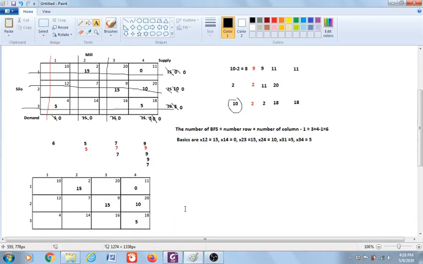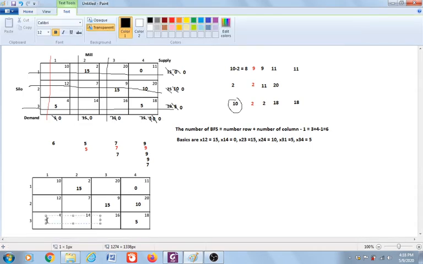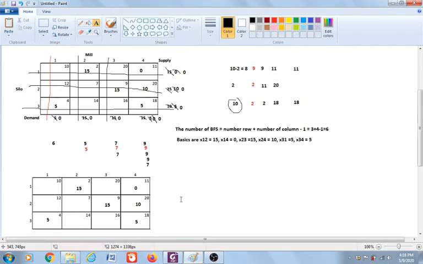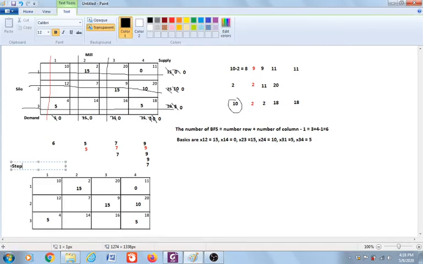I need to double check. 1, 2, 3, 4, 5. So 1 left. So 5 over here. So here we're going to start step 2. Step 2, run the transportation algorithm to find the optimal solution.